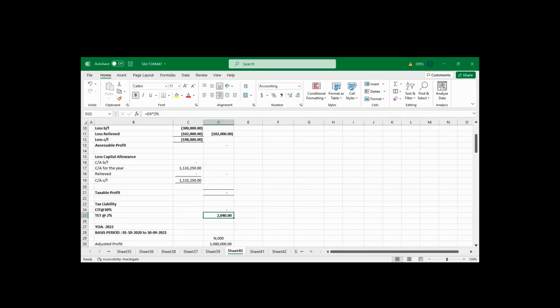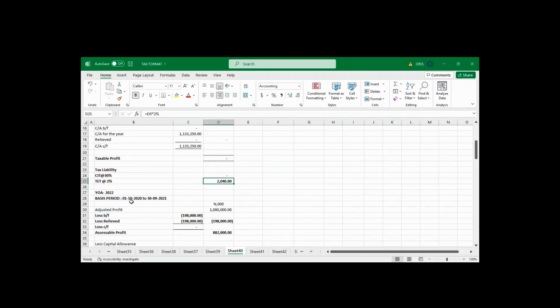In 2022 year of assessment, the basis period for 2022 is going to start when? When does the company accounting period start? It will start 1st October 2020 and end when?